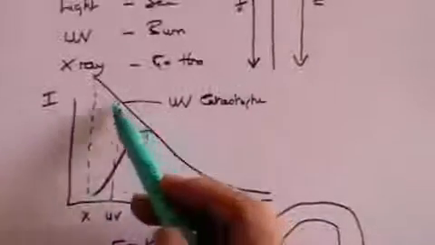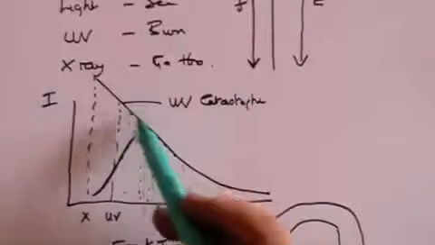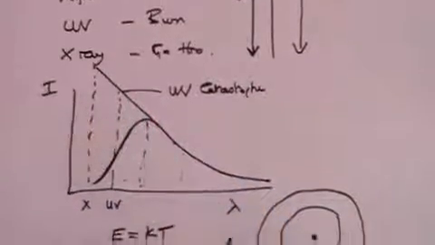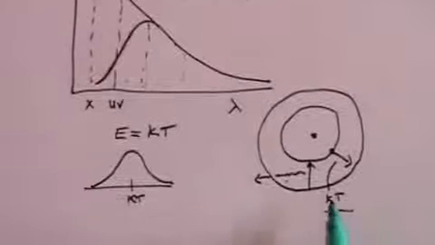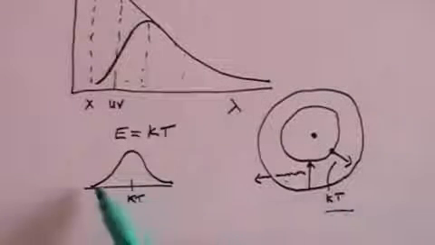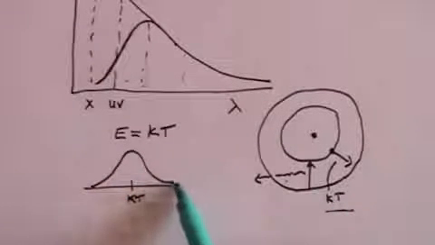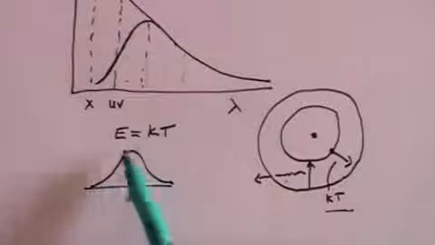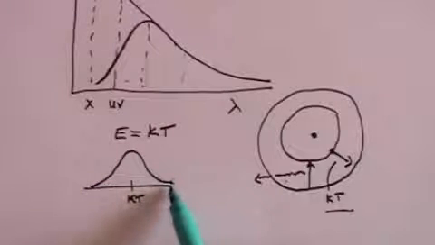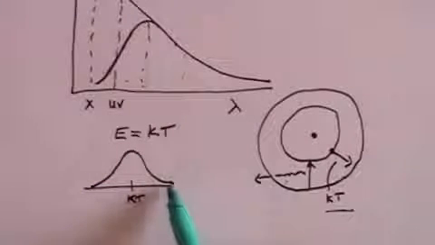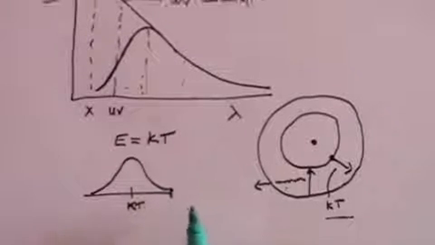And that's why you don't get frazzled when you sit in front of the electric fire, because the amount of energy available on average is kT. That gives rise to a distribution that looks like this in terms of the probability of finding photons with different energies. And by the time you get up to an energy which would equate to the ultraviolet or X-ray range, you're down at this very low probability.